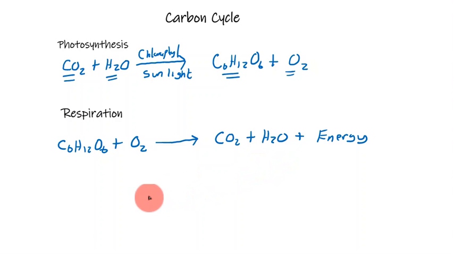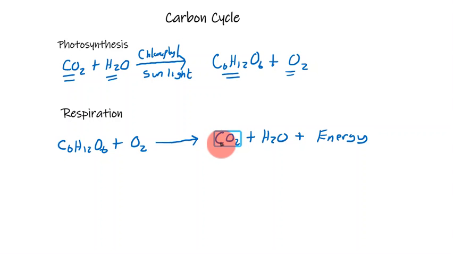We use the breathing system to get oxygen into the body and to get carbon dioxide out of the body. So you can see how the carbon dioxide in the environment is absorbed into the plants, into this molecule here. Other organisms come along to eat the plants, so it goes from the plants into the organism that eats them. Some of that carbon will be used in the body, but a lot of it is breathed back out into the environment through respiration.